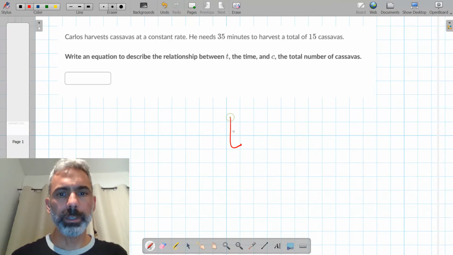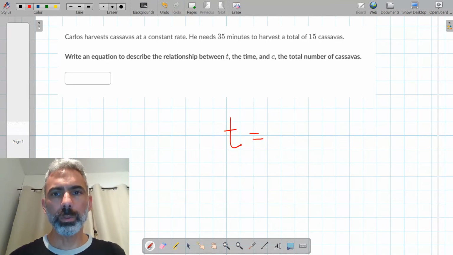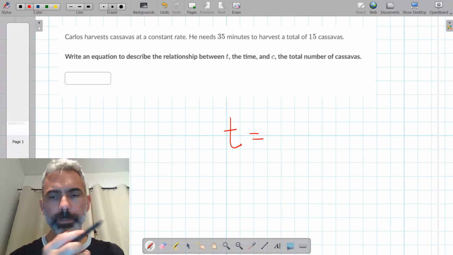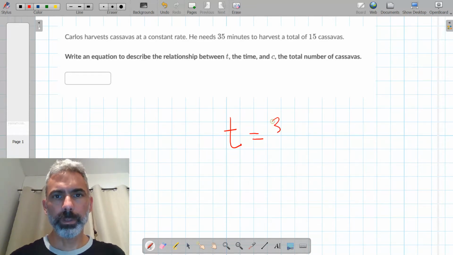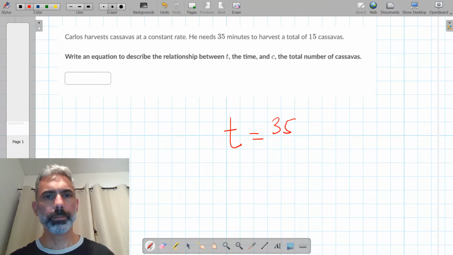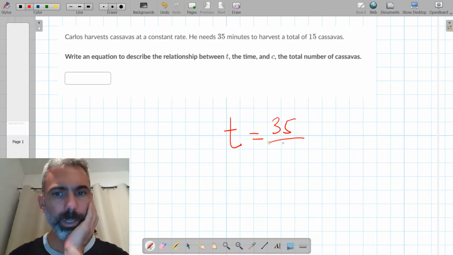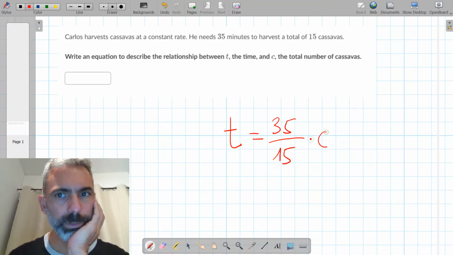Okay, so T equals 35 minutes divided by 15 times C.